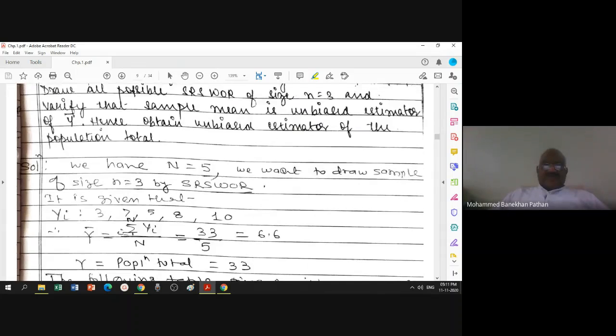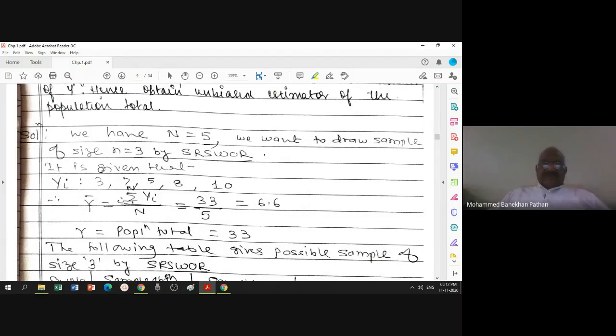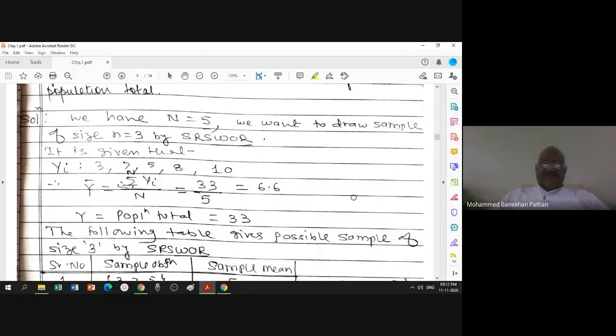See the solution. In this example, we have a population with 5 elements. We want to draw a sample of size 3 without replacement. It is given that capital Y_i takes values 3, 7, 5, 8 and 10.